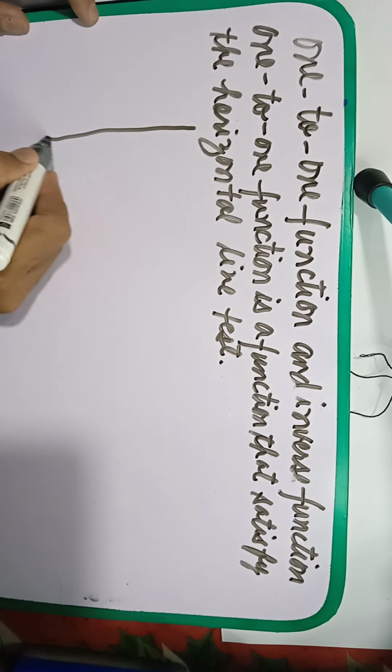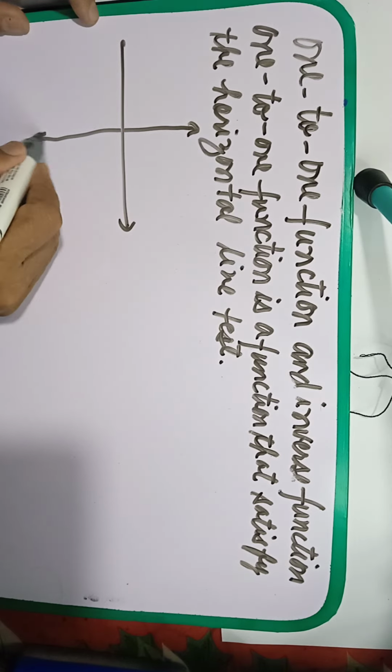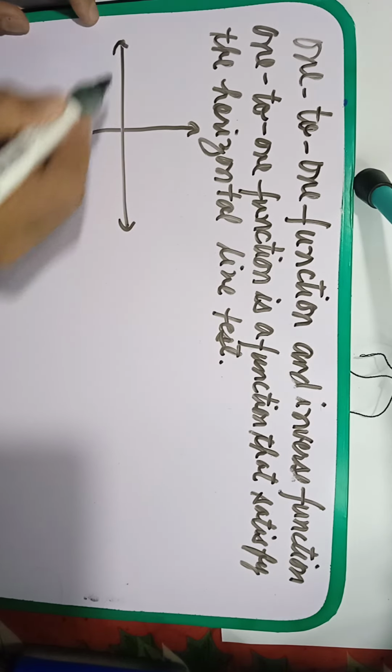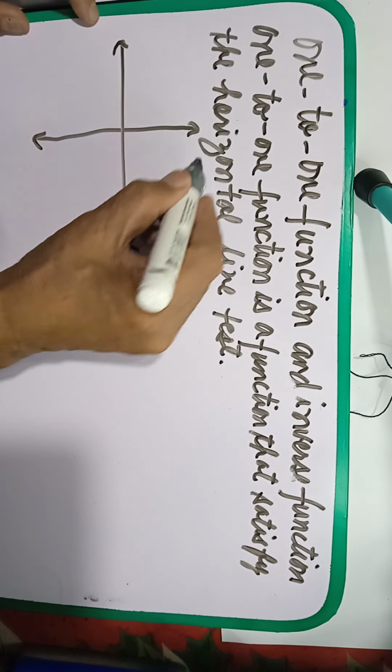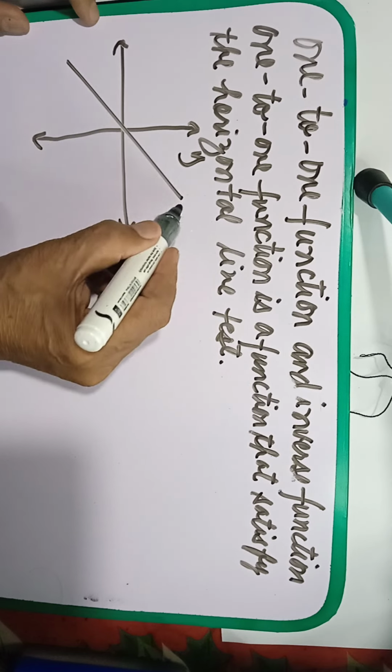If I will have a graph here, this is a Cartesian plane. This is x and this is y. And I will draw a graph here.